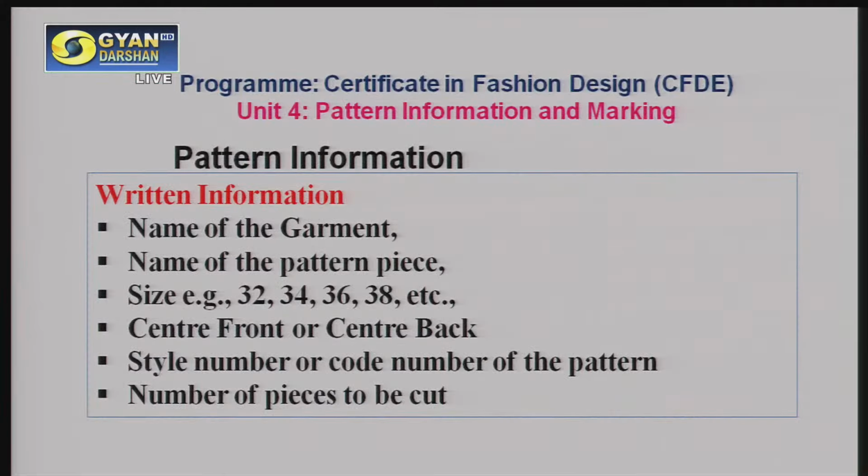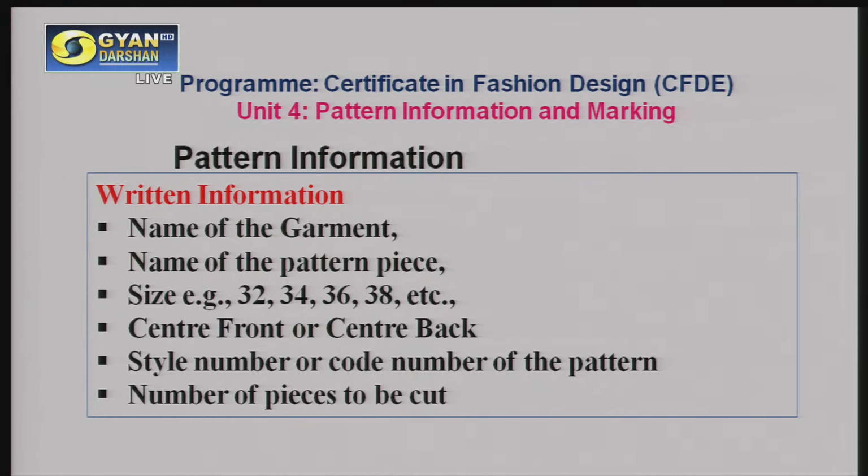Then next is pattern information, which is very important to understand when you have developed the pattern and forwarded it to the production department, and they are going to use that pattern for stitching. There are certain pieces of information given, in two ways.